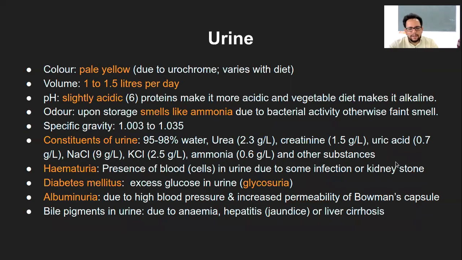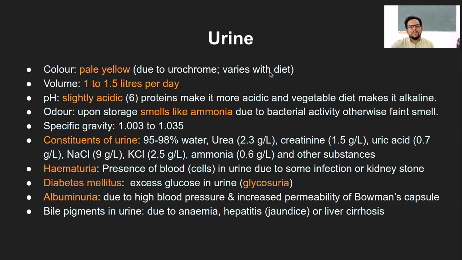The last part is the composition or the characteristics of urine, of which you would know most of the basic characteristics. It is pale yellow in color, and that color is due to urochrome, which is the breakdown product of hemoglobin, and that is coming from the wear and tear of RBCs. So that is the whole chain of sequence.